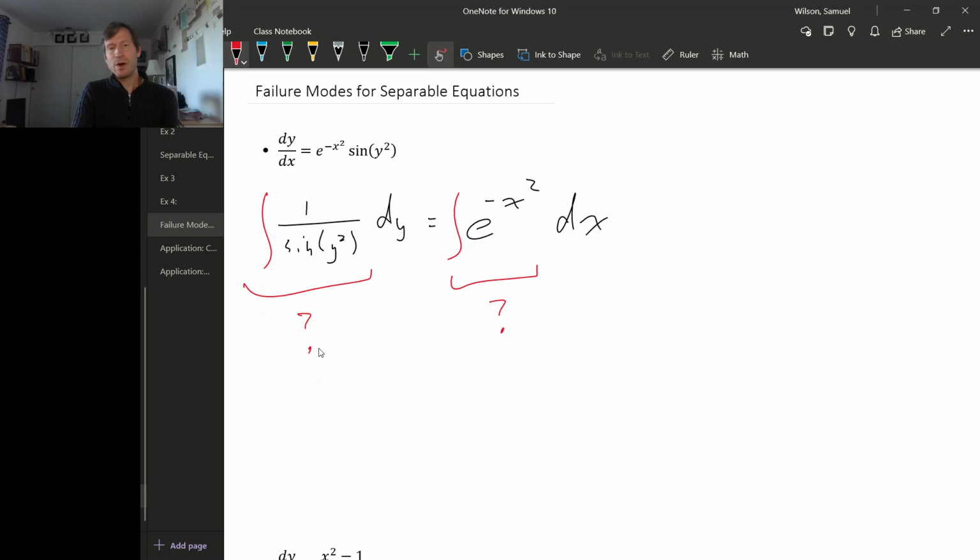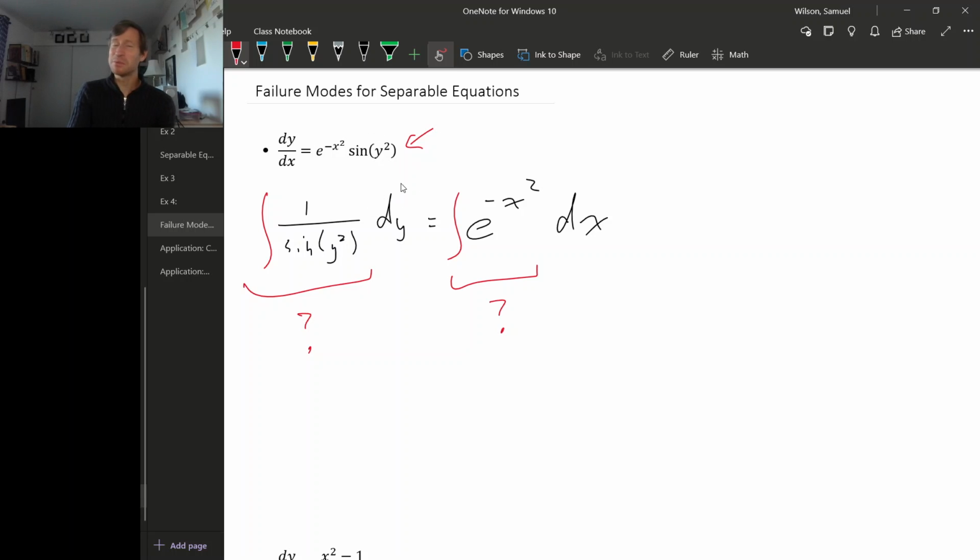So even though we were able to separate these variables, because we can't do these integrals, we can't actually solve this differential equation, at least not exactly. We aren't going to be able to come up with a formula for the solution. So that's one way that even if you have a separable equation, you might not be able to solve it.